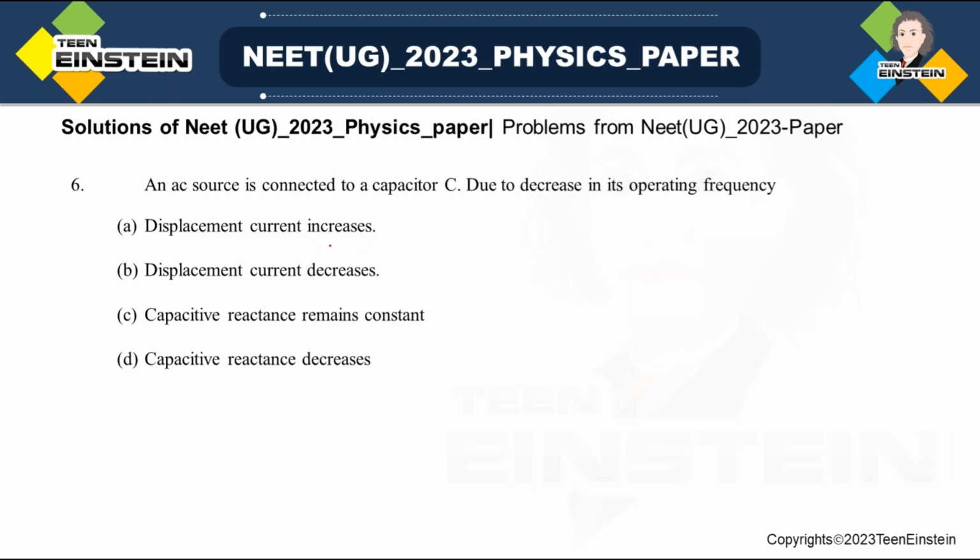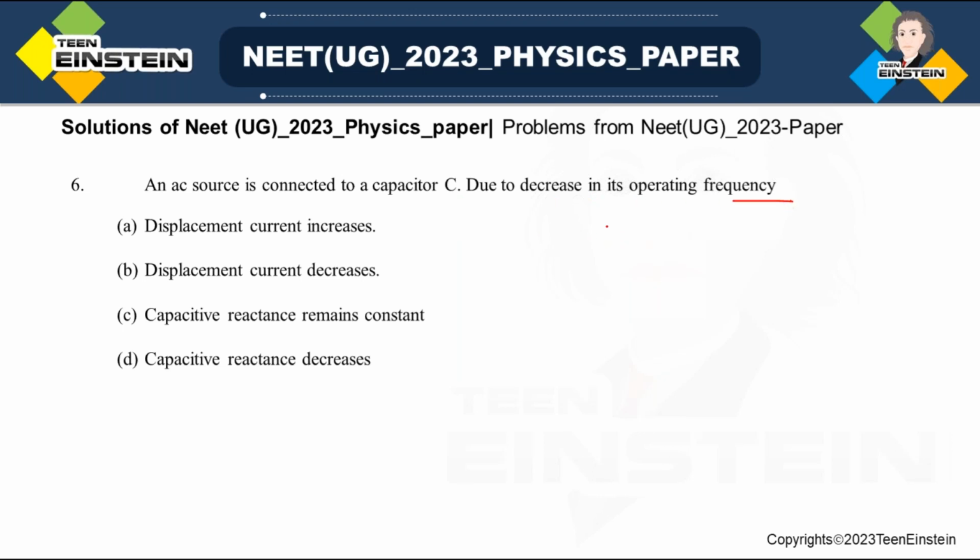Displacement current increases, displacement current decreases, capacitive reactance remains constant, and capacitive reactance decreases. Okay, look here. First of all, let us find out. See here, the operating frequency increases.